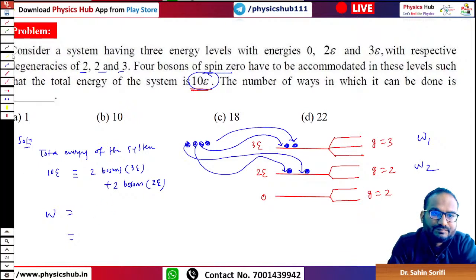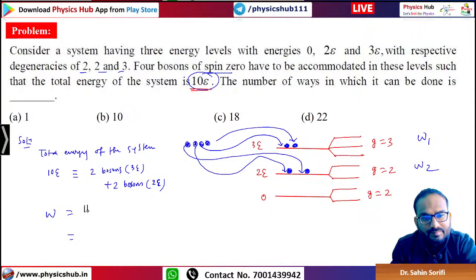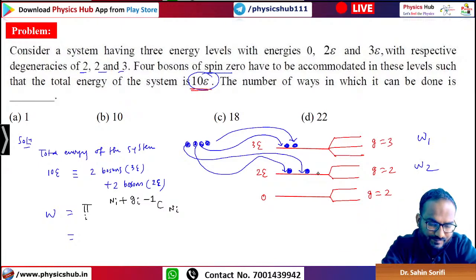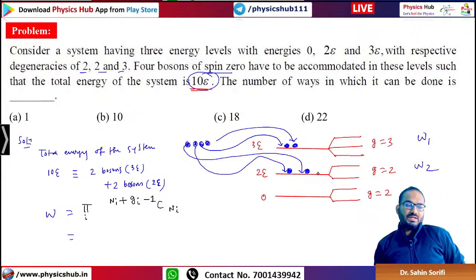Look, because this is the formula: Ni plus Gi minus 1 C Ni, product over i. Here 3 energy levels are there, but only 2 are being occupied. Tell me the answer quickly, guys. What are you doing?